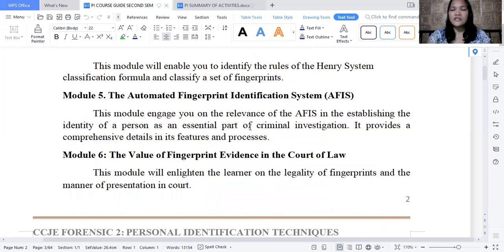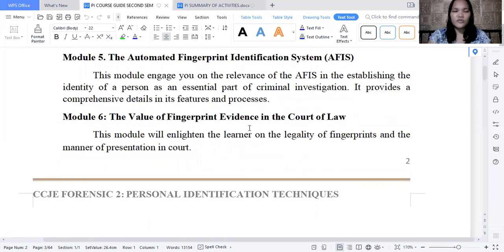Module 5 has something to do with the automated fingerprint identification system, and of course, this is essential in criminal investigation. It provides comprehensive details on its features and processes. For the last module, Module 6, the value of fingerprint evidence in the court of law, this module will enlighten the learner on the legality of fingerprints and the manner of presentation in court.